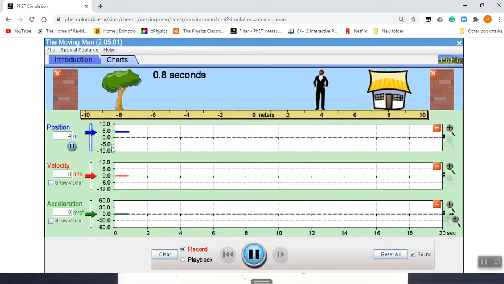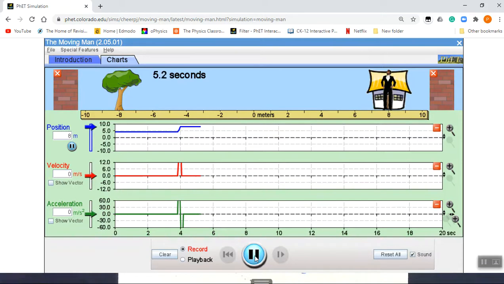His position time graph is a horizontal line on 4. His velocity, because he's not moving, is 0, and his acceleration, because he's not moving, is 0.